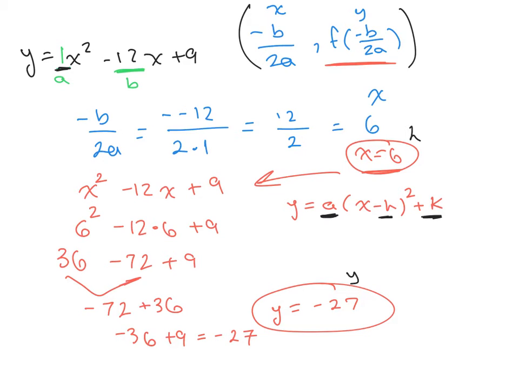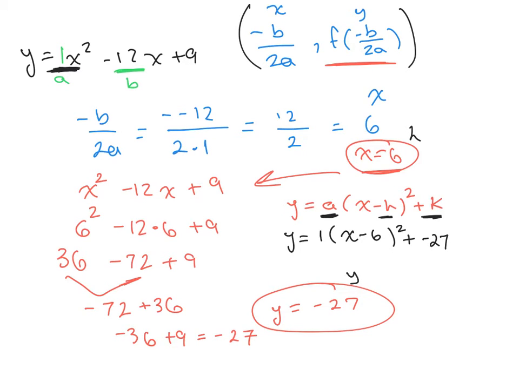Our a is 1 because the coefficient of x squared is 1. So our equation is y equals 1, parenthesis x minus h. Minus h is our x-coordinate, so that's minus 6, quantity squared, plus k. Our k ends up being the negative 27.